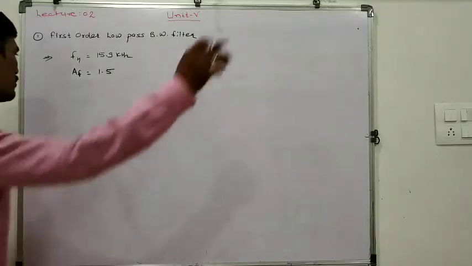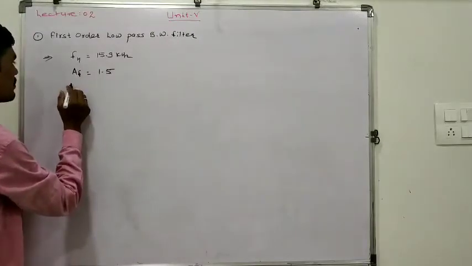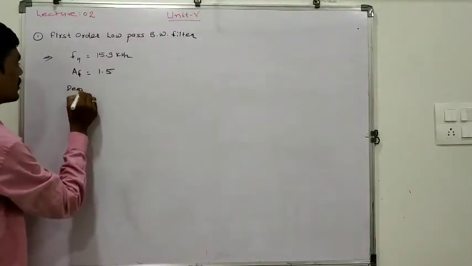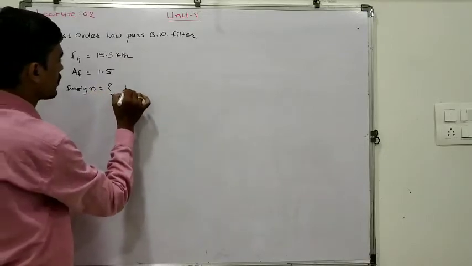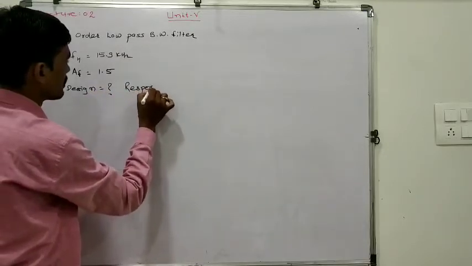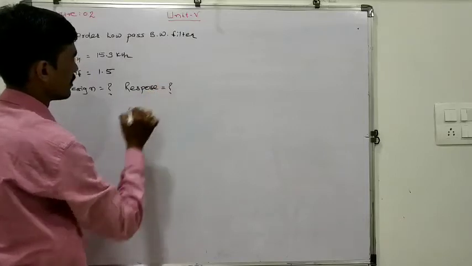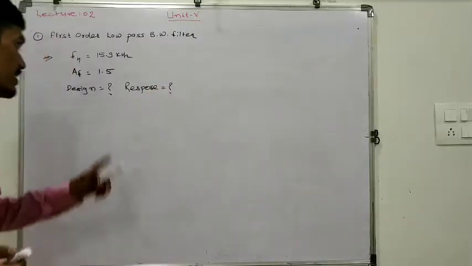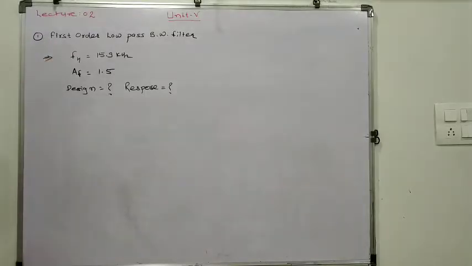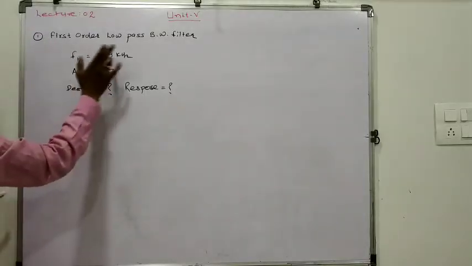That means we have to design this filter first, and also plot the response. So these two things are to be designed in the first problem. This is the problem statement.